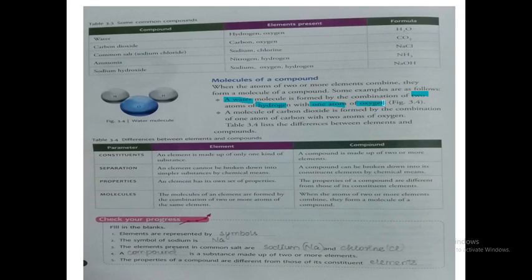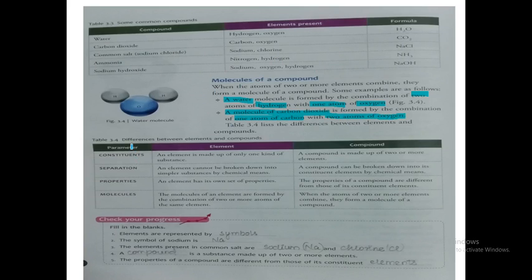As I have told you, compounds are always formed in a fixed ratio, and this is the fixed ratio of water. Another example is the molecule of carbon dioxide, a compound formed by the combination of one atom of carbon and two atoms of oxygen. So this was about the molecules of a compound.